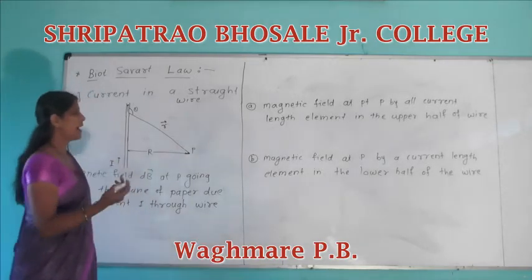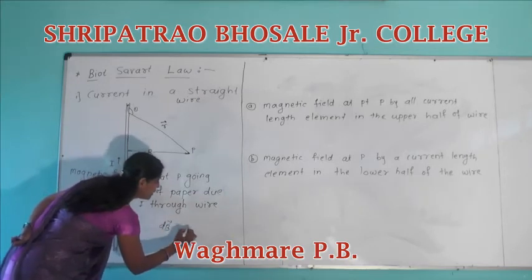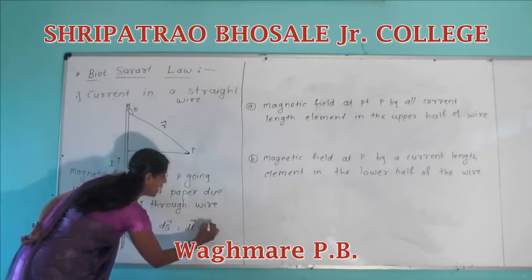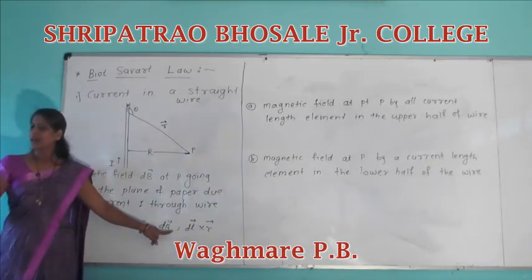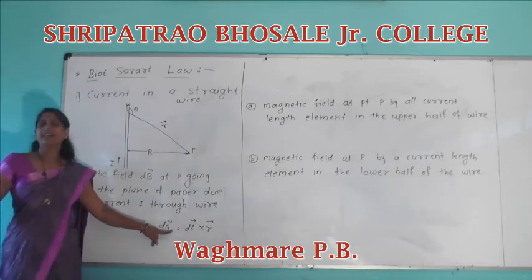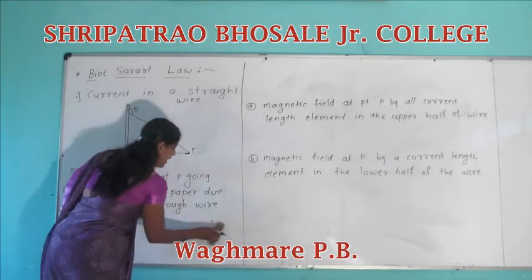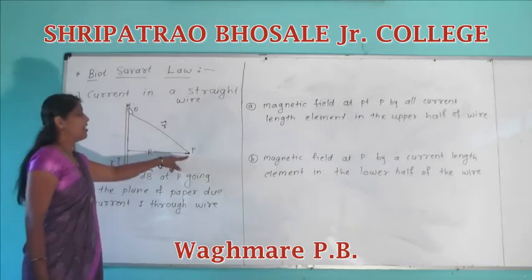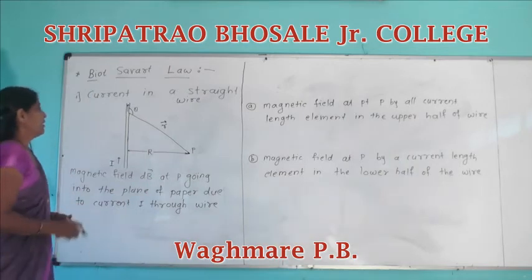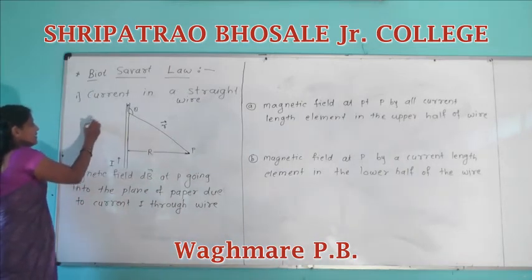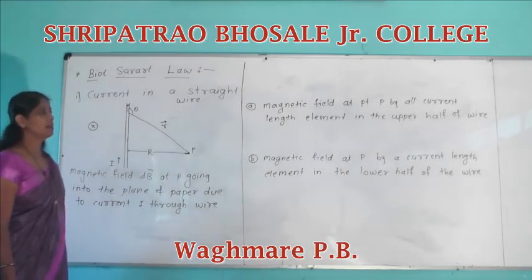The direction of the magnetic field is dl cross r, which is into the plane of the paper, and we show it with this symbol.